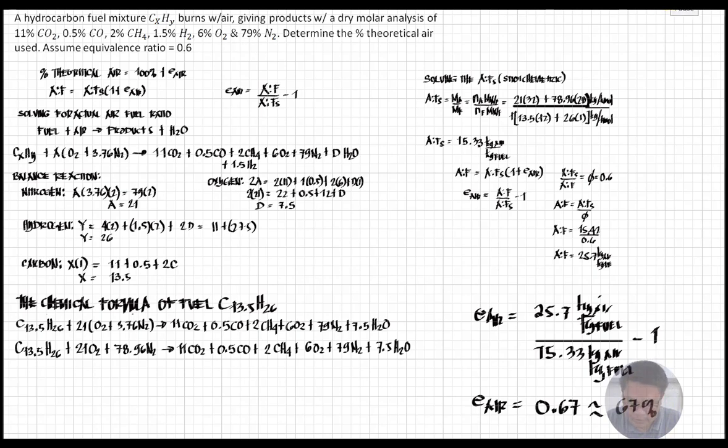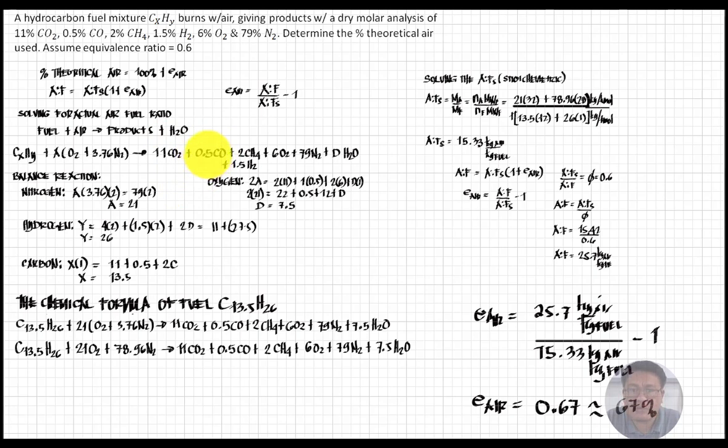Okay, so again, let's have a quick recap. From here, we start by solving the air fuel ratio. So we write the chemical equation. We have an unknown type of fuel, which is CxHy, that will be burned, giving products, so that will be 11% CO2. So we wrote that also.